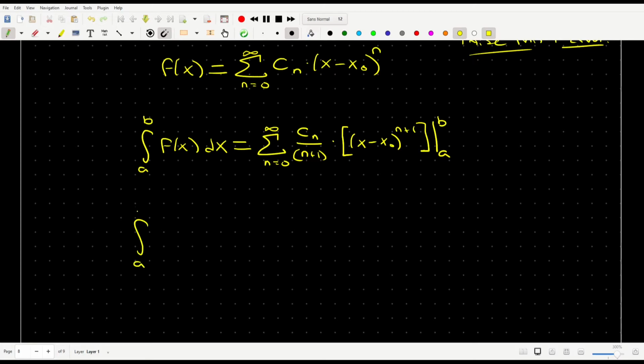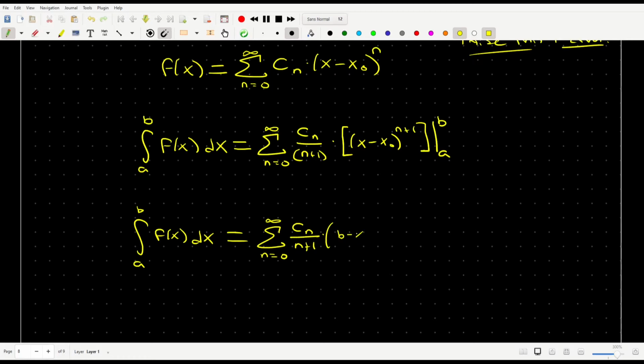Or the integral from a to b of f of x dx will be exactly equal to the infinite summation from n equals 0 to infinity of Cn over n plus 1 times b and a plugged into our function right here.